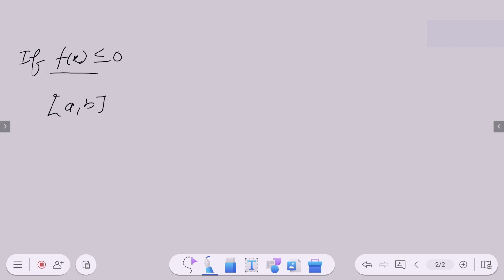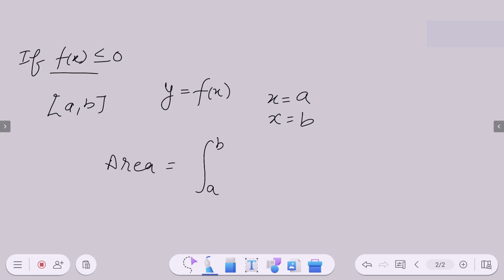Then the area of this region bounded by the curve y is equal to f(x), the x-axis, and x equal to a and x equal to b. So what is the area this time? In the same way, the integral from a to b of f(x) dx, taken as a modulus. Why?